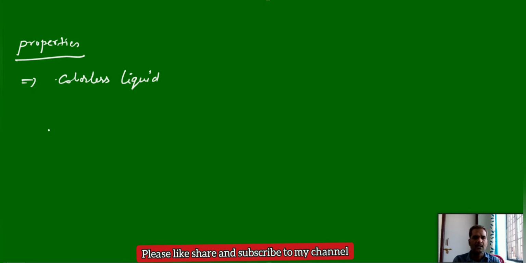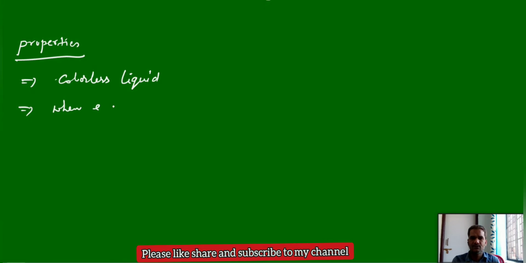So you can see the properties of nitric acid, both physical and chemical. Nitric acid is a colorless liquid, but it can show a brown color when exposed to the atmosphere, to sunlight.